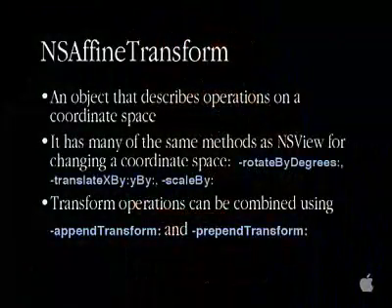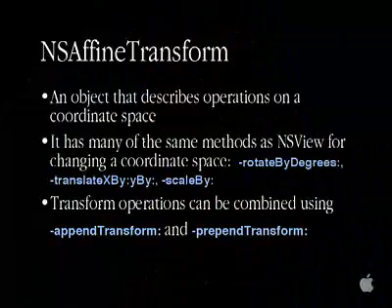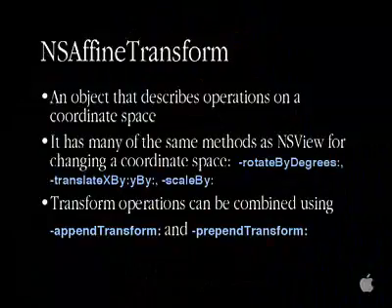I'll talk about the NSAffineTransform class. This is an object that may look familiar to you if you were used to QuickDraw using the transformation matrix. In PostScript, you could also get at the transformation matrix. It's a little easier to get at in the AppKit because you don't really have to do any matrix math. You don't have to know exactly what values to put where in the matrix to make a particular thing happen.